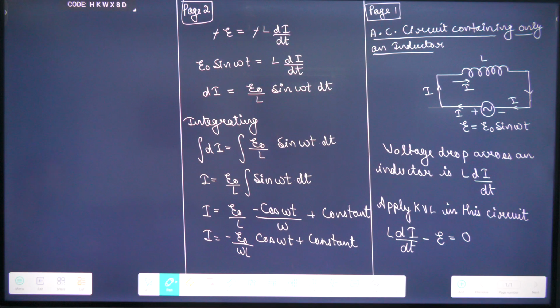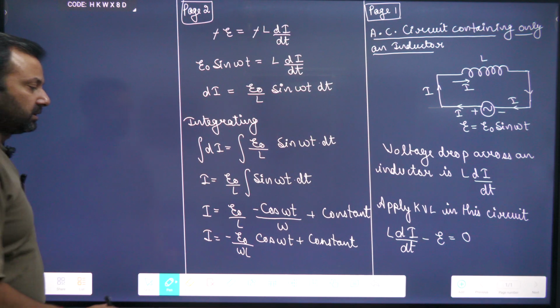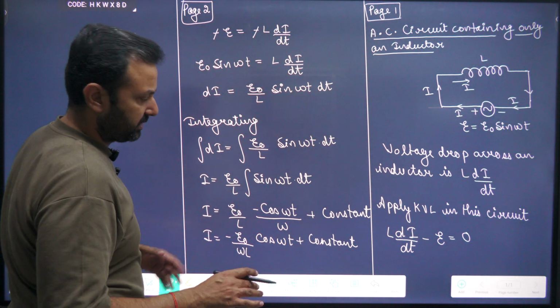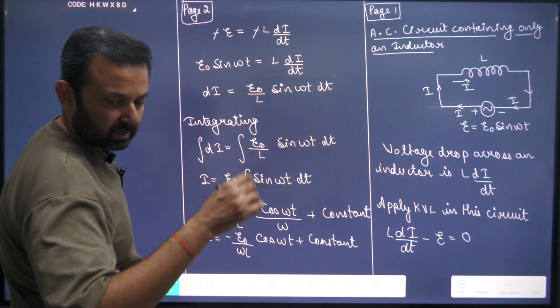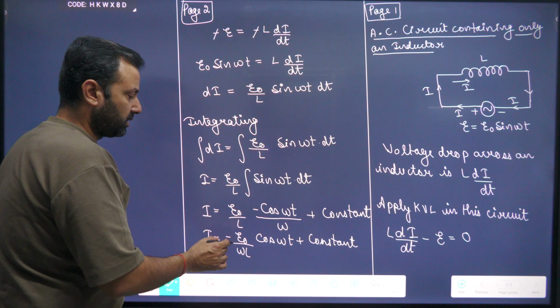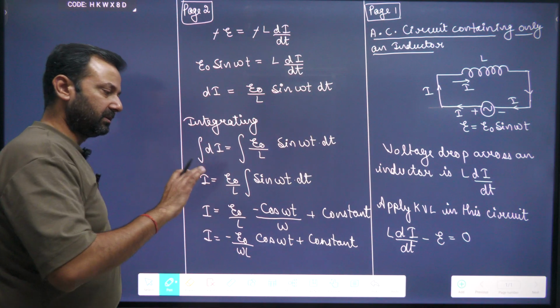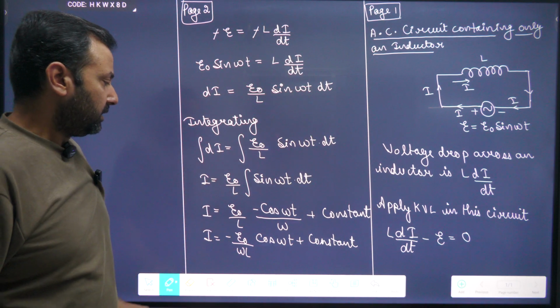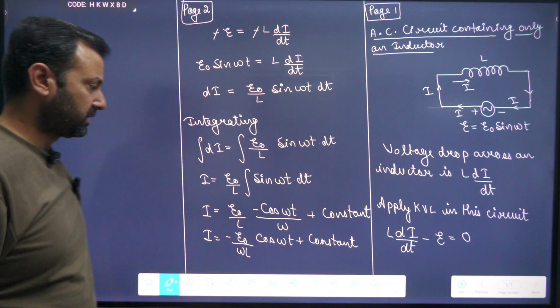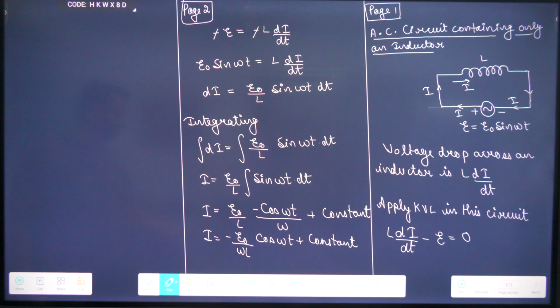Look, what is written? This E naught is the peak value of EMF, the maximum value of EMF. Omega is angular velocity. L is the value of inductance. So E naught, omega, L, everything is constant. And cos omega t, where omega t is nothing but theta.